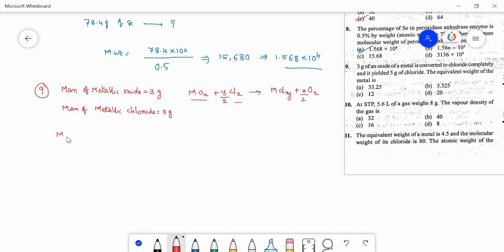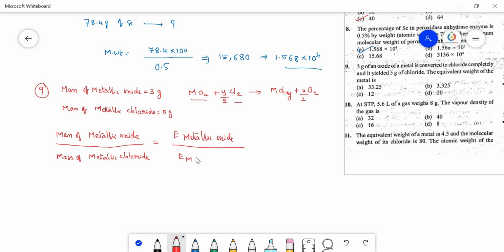The formula is mass of metallic oxide divided by mass of metallic chloride is equal to equivalent mass of metallic oxide, because here we have taken the metallic oxide, so we will take its equivalent mass this side, divided by equivalent mass of the metallic chloride.